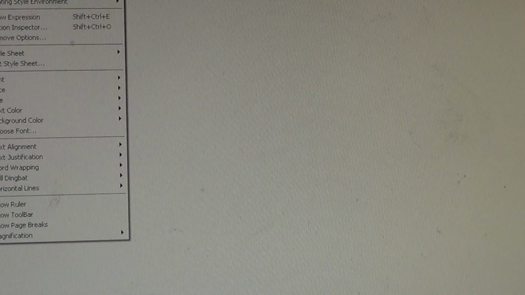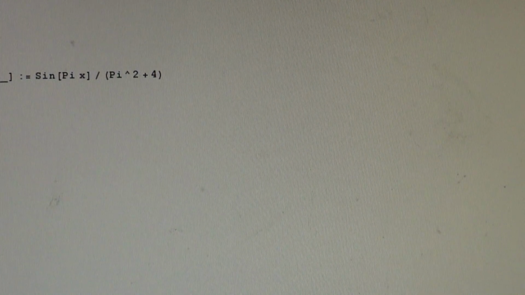Of course, sine pi x divided by pi square plus 4. Good. So we have typed that function, but let us again enlarge that appearance to see better. Okay, and we have it.